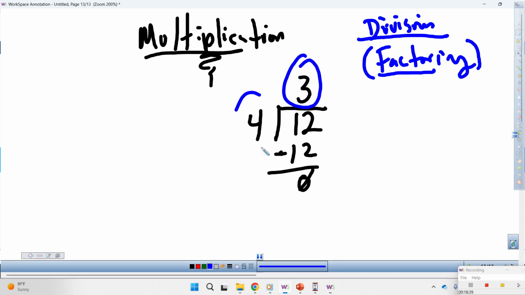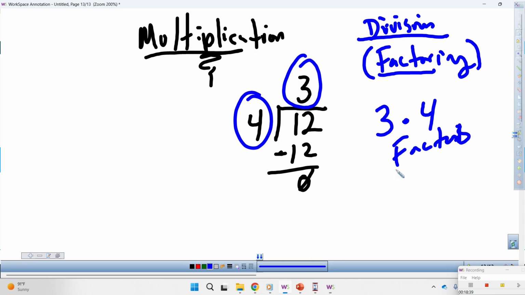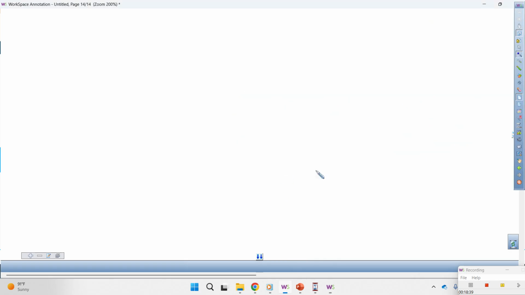This number and this number are known as factors. Why? Because if we multiply them, it gives us the original number we started with. Okay? So, really quick, I'm going to focus on factoring right now. Let's see how well you remember. Y'all ready? Here it goes.